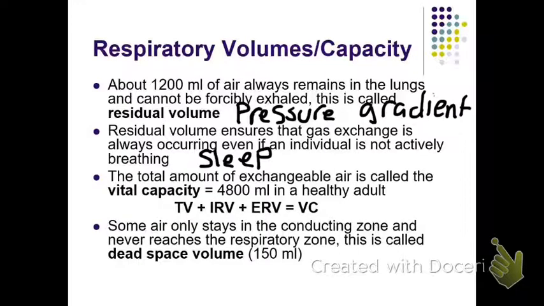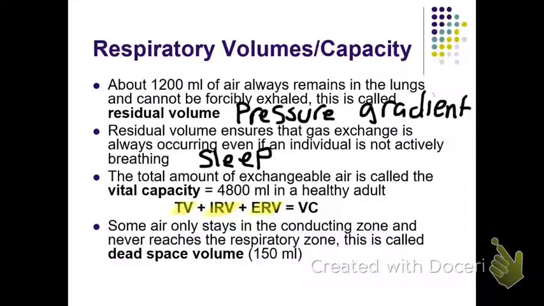And then the total amount of air that we can breathe in is called our vital capacity. And for a healthy adult, that is about 4,800 milliliters. And we are able to find our vital capacity by adding up our tidal volume, our inspiratory reserve volume, and our ERV, and that will equal our vital capacity.